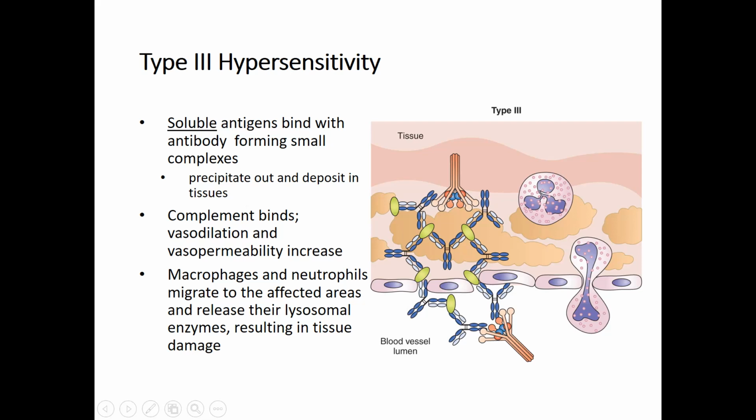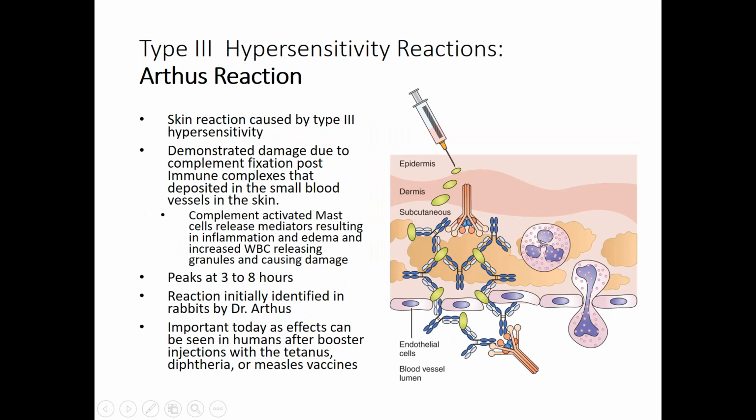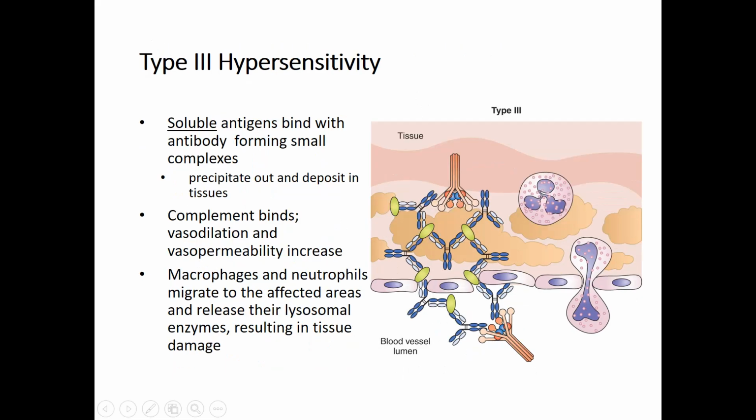And ultimately, complement, once it's activated, also starts to kill cells that are near there that this may be attached to. So the lysosomal contents get dropped, and we damage all the tissue around this complex. That is a hypersensitivity reaction.